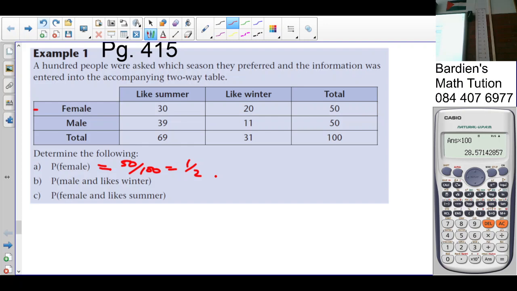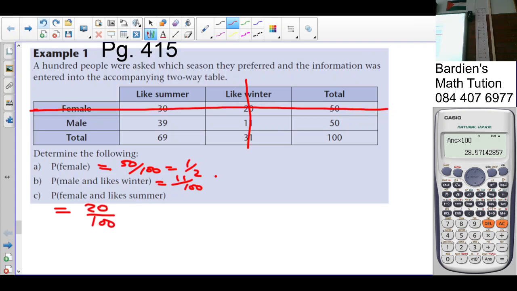B. The probability of male and likes winter. The probability of male who likes winter is how much? 11. Can you see that? So it's going to be 11 out of 100. And the last one, the probability of female and likes summer.